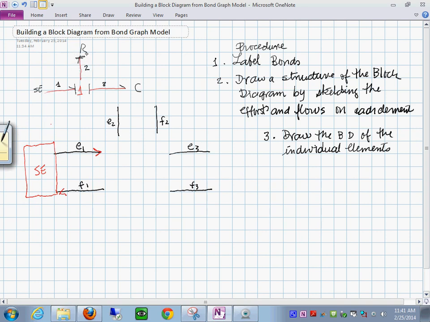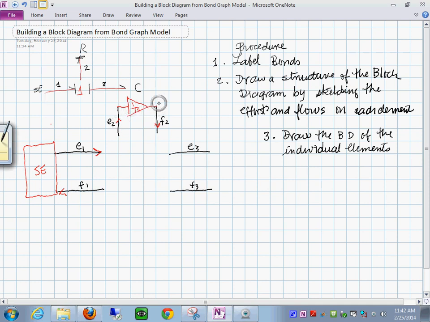Now this one we have to see which is the output of the R element. Output of the R element is F2, so it has to be like this, yeah? So in order for F2 to be the output, E2 is the input. This is represented by a static algebraic relationship multiplied by 1 over R, right?